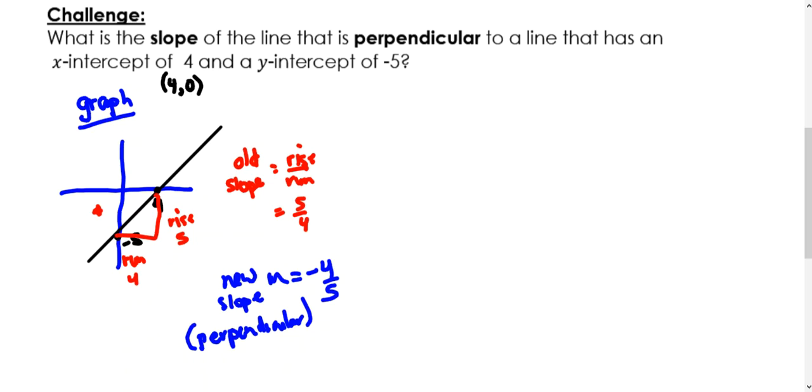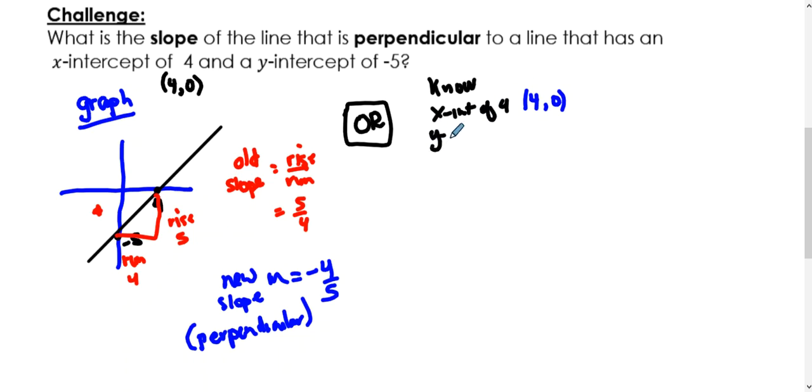But some people will say, well, that's not the only way, Mr. Brzee. There's got to be a different way. Sure there is. What do we know? An x-intercept of 4, that point is 4, 0. My y-intercept of -5, that point is 0, -5. Guess what?